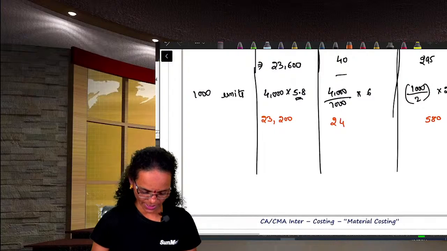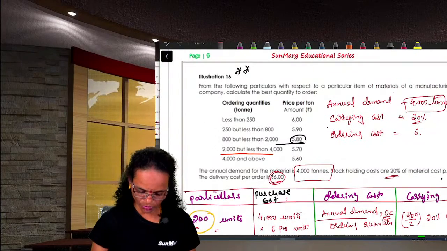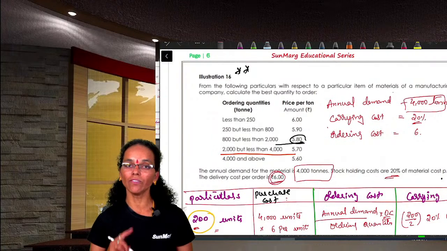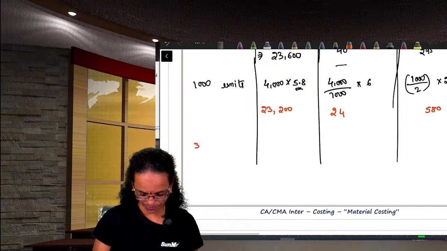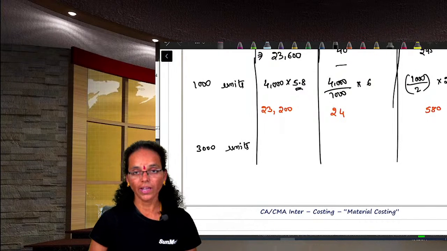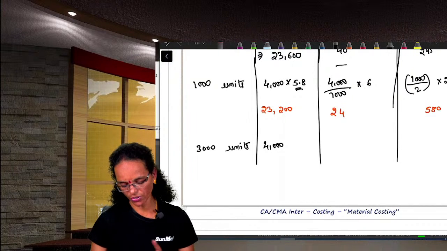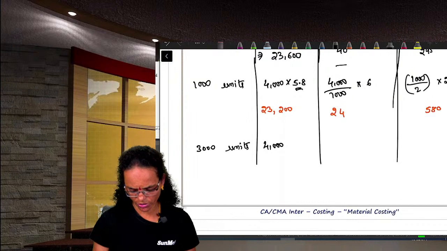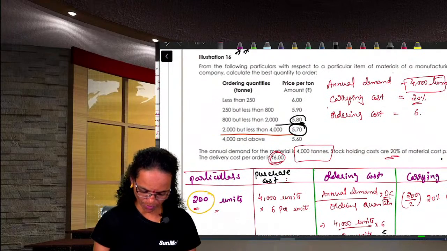Right. Next, we are placing an order between 2,000 to 4,000. We will take 3,000 units in a single go. Even though we are placing a request for 3,000 units, our annual demand is only 4,000 units. And the rate per unit is 5.7.